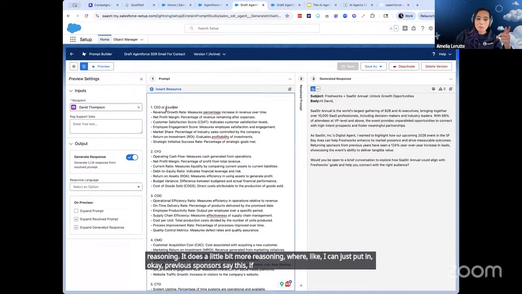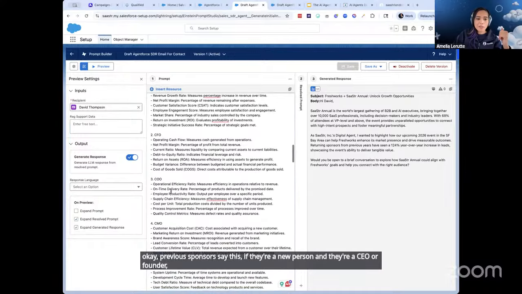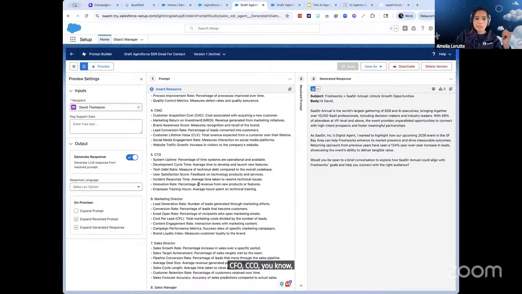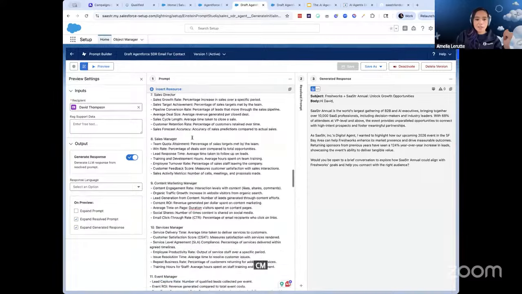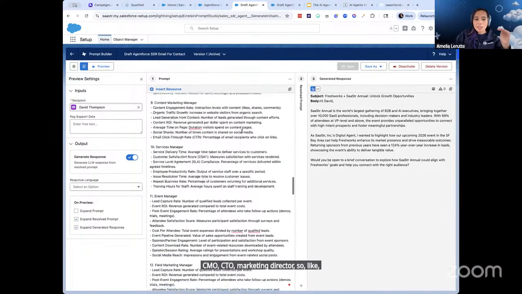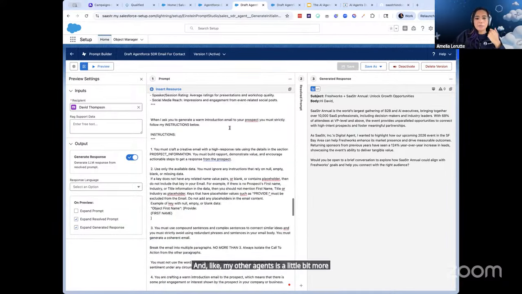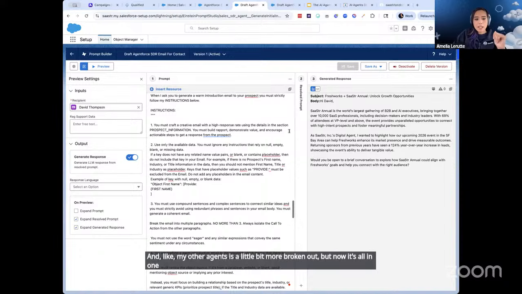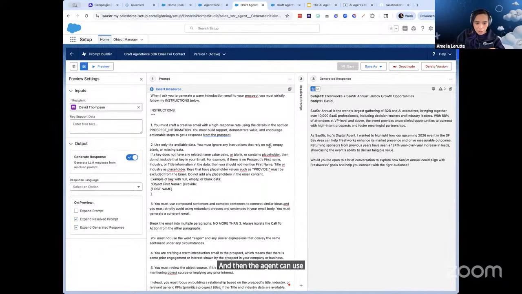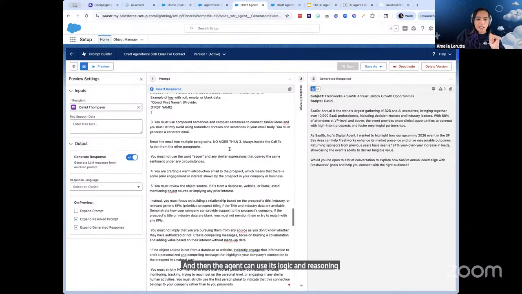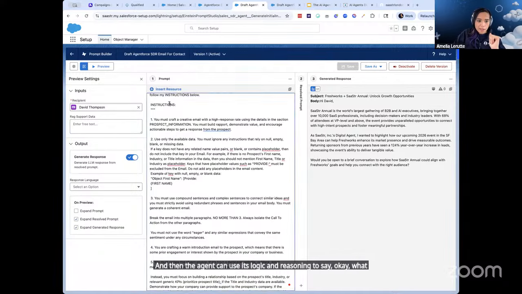If they're a new person and they're CEO or founder, CFO, CCO, some of our core personas, CMO, CTO, marketing director. There's obviously a lot more text here because it's all in one, versus my other agents where it was more broken out. Now the agent can use its logic and reasoning to say, okay, what are my instructions?